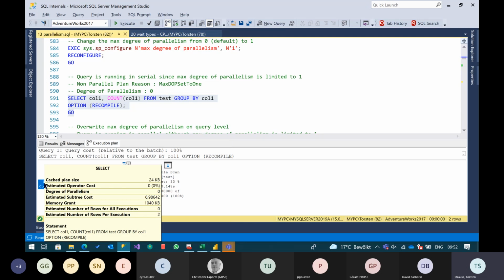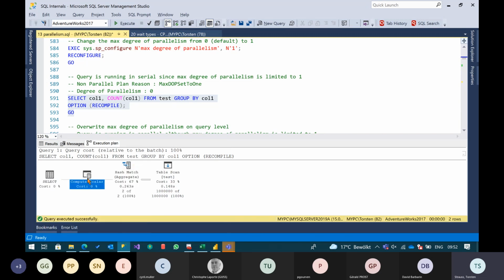Degree of parallelism is set to 0, and the costs are almost 7. And again, that was the reason why SQL Server decided to run the query in parallel with the other configuration, where I allowed SQL Server to run queries in parallel. Yeah? So the estimated costs are higher than the cost threshold for parallelism.